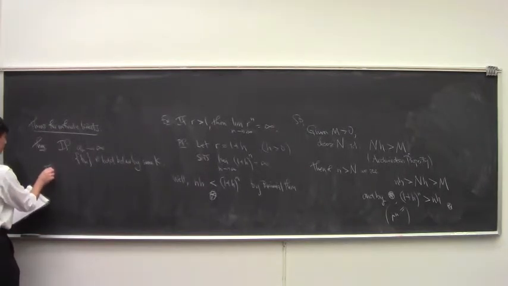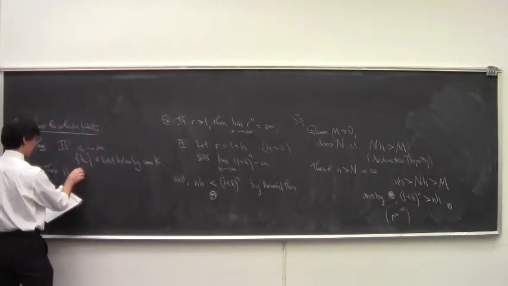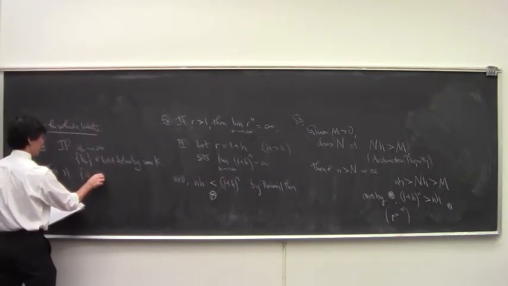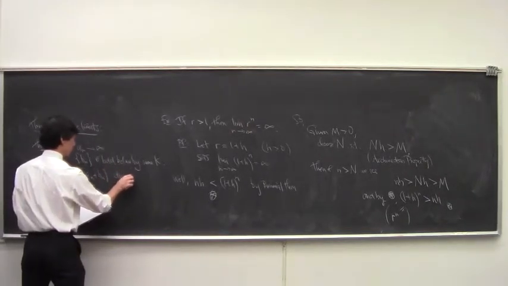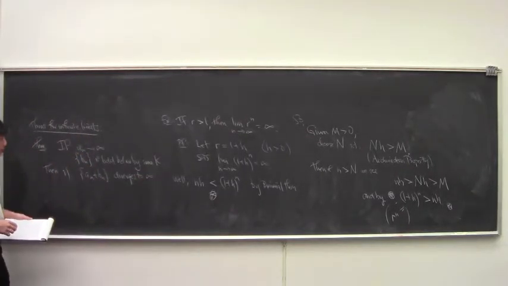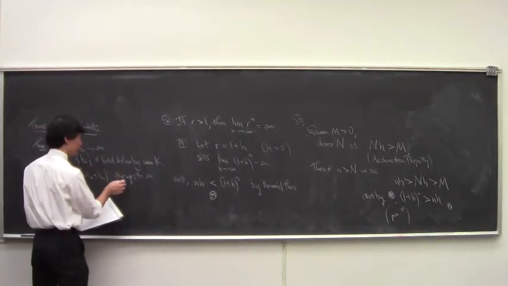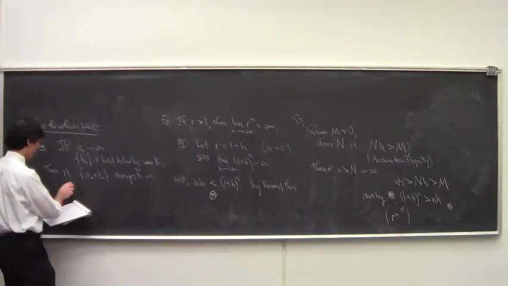Then a sub n plus b sub n diverges to infinity. Or you could say converges to infinity. Anyway, it goes to infinity. The limit of it is infinity.